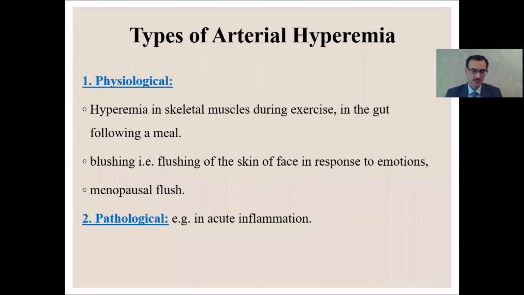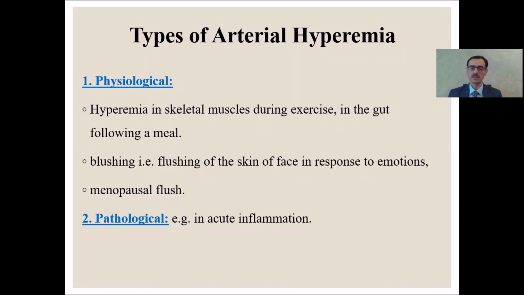As we said, there are two types of arterial hyperemia, physiological and pathological. Physiological hyperemia may be found in normal life conditions.